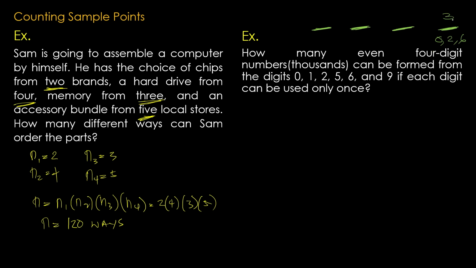If your choice here is 3, then you are to put a number here. It's either 0, 2, or 6. Therefore, the remaining choices for your thousands place is how many digits?